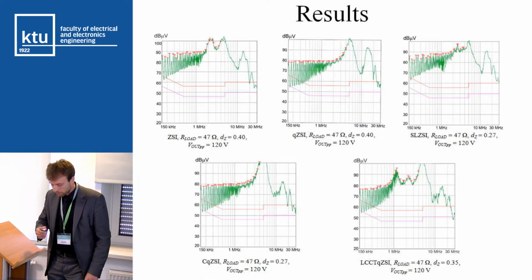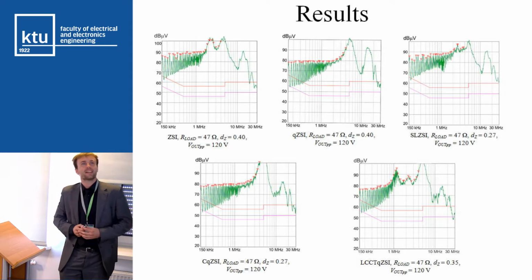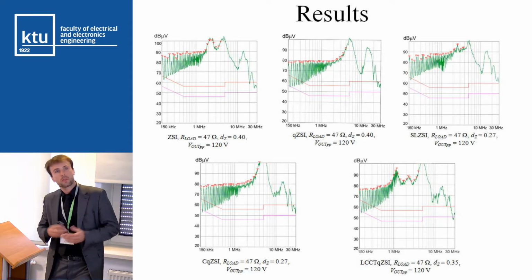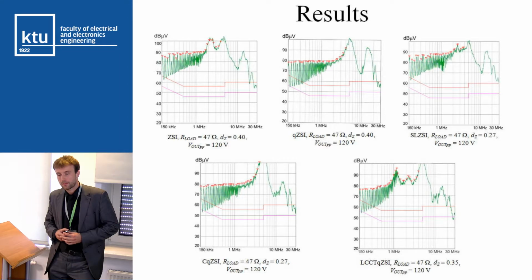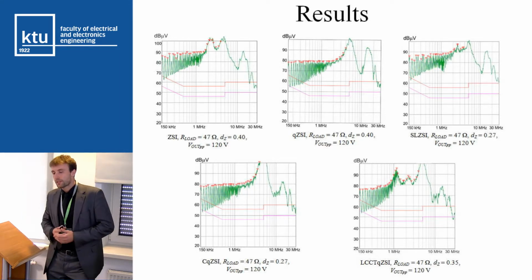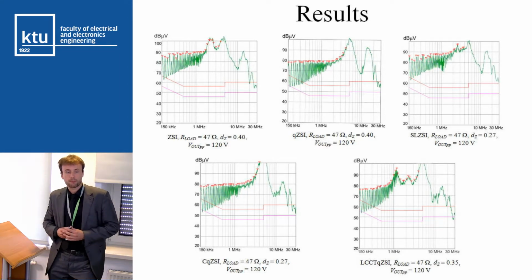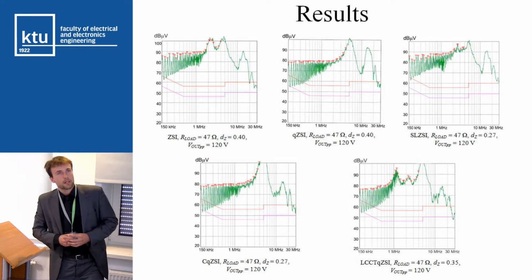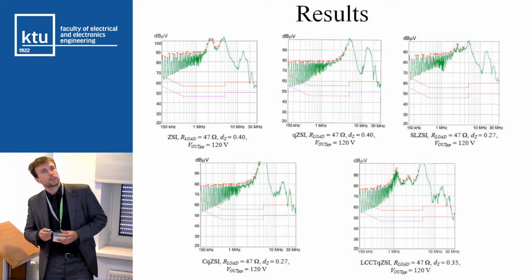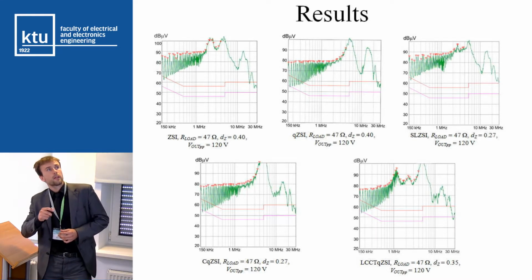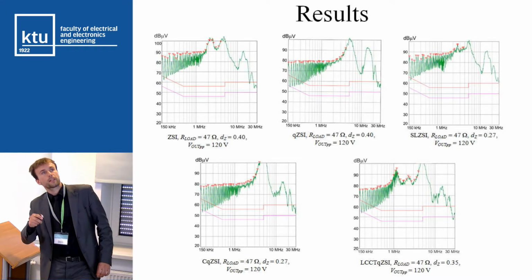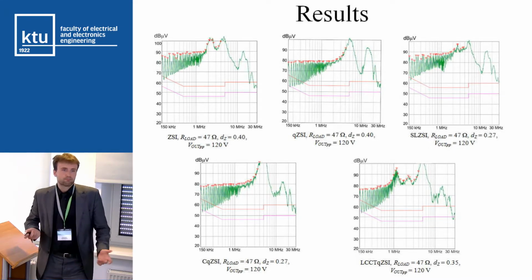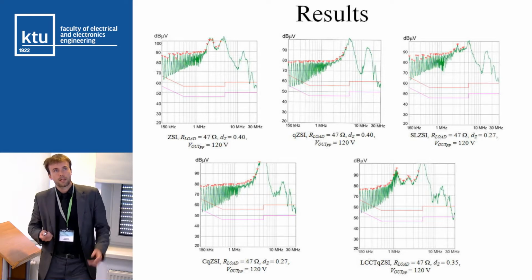Okay, what do we have? As we can see, we have lots of results. In our research and our paper, we present only the worst case. If we focus on these results, we can see that the fundamental Z source inverter has a higher background than, for example, the quasi-Z source, but it's quite difficult to analyze.